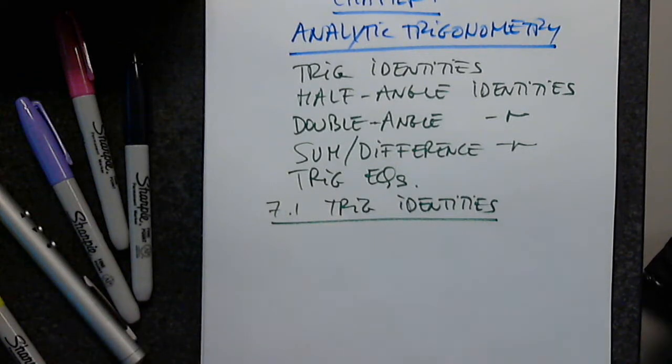Identities. An identity has a left-hand side, an equal symbol, and a right-hand side. That's an identity. If I just say 5, that is not an identity. But if I say sine squared plus cosine squared equals 1, that is an identity.